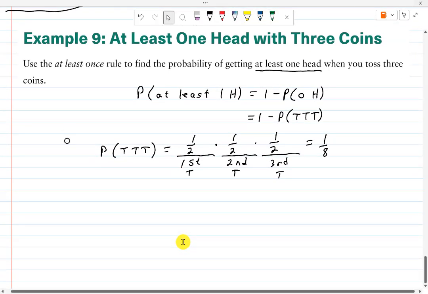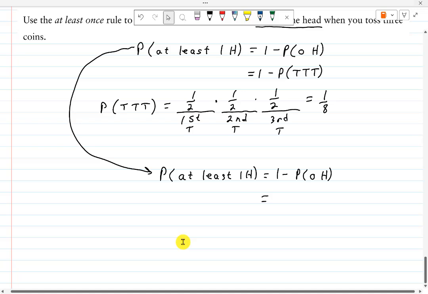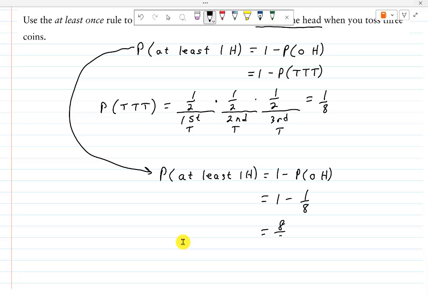Coming back to my equation, the probability of at least 1 head equals 1 minus the probability of 0 heads, which is all tails, so 1 minus 1 over 8. To do this subtraction, I'm going to rewrite 1 as 8 over 8. When you combine these two fractions, we get a final answer of 7 over 8.